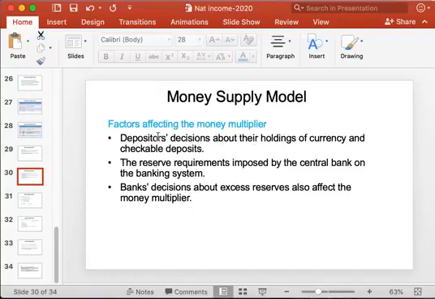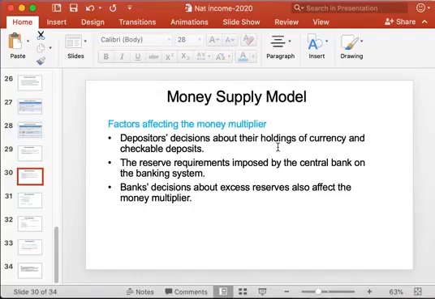If the general public makes a decision to hold the money in paper currencies in their lockers, then that will have one effect.